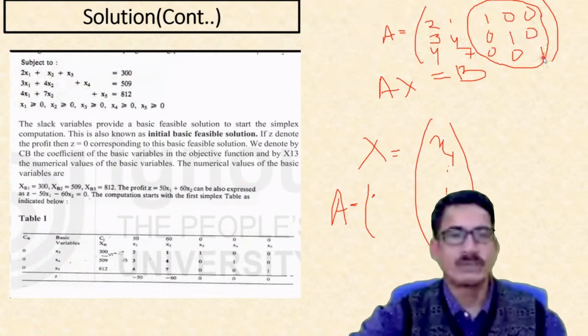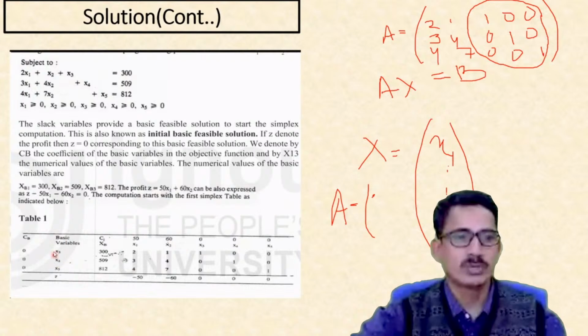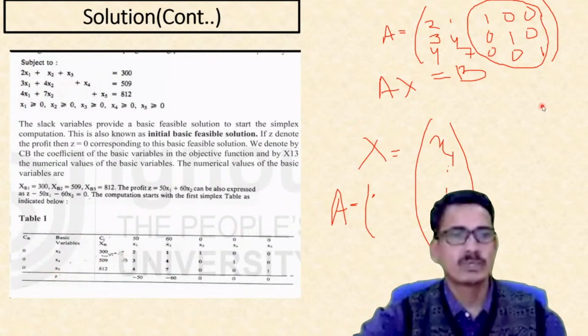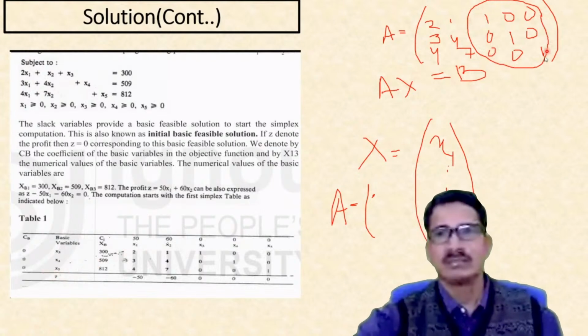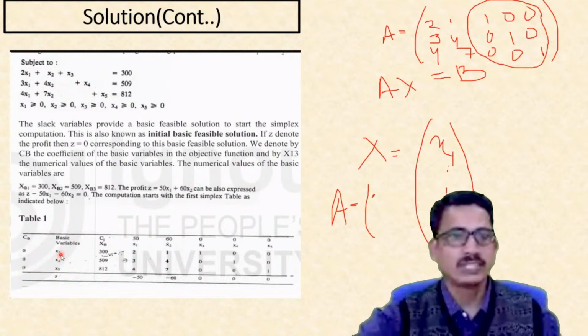So always keep in mind that whichever variable's coefficient is 1, 0, 0 has to be kept in the first position of this column, which is x3. The x3 coefficient is 1, 0, 0. Then the x4 coefficient is 0, 1, 0. Maybe the unit matrix coefficients may not be in sequence in matrix A, but here you have to keep the sequence. Whose coefficient is 1, 0, 0 goes in the first position. Whose coefficient is 0, 1, 0, second position. Whose coefficient is 0, 0, 1, that is the third position.